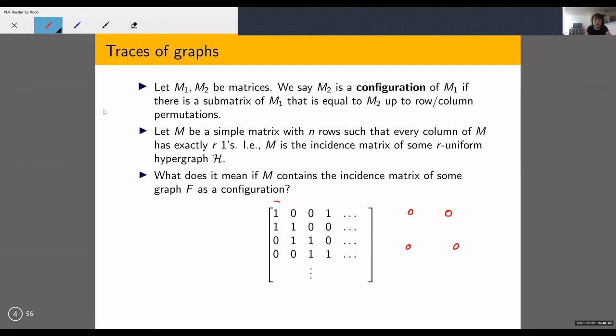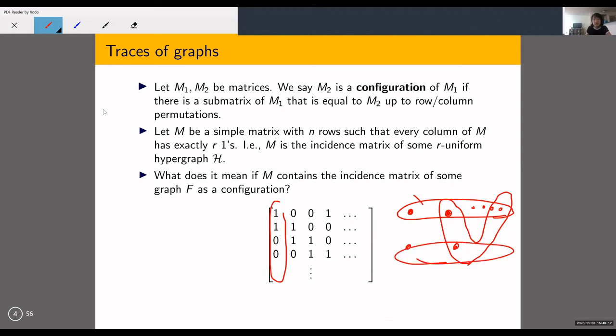The first column contains the first 2 vertices and some other r-2 vertices, where these r-2 vertices don't intersect the representative vertices. Similarly, the second edge contains V2 and V3, and then maybe some part of it intersects over here, but we don't care, and so on.